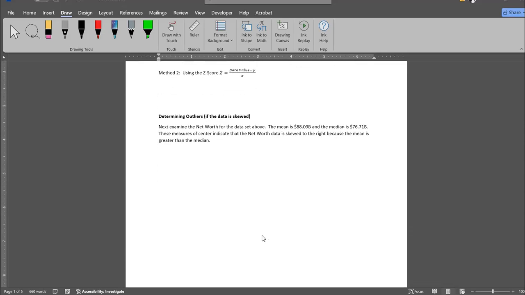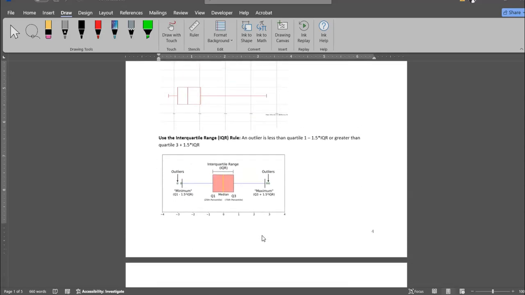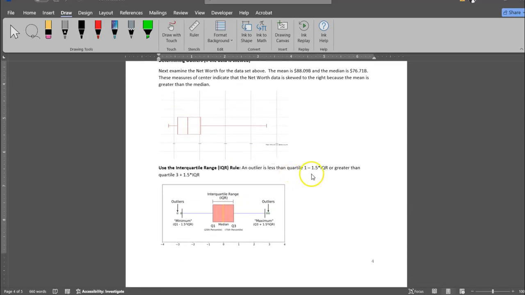And so now the difference here is this rule is taking the range of the quartiles, so from our first quartile to our third quartile, so that's the range. So again, a range is the maximum minus minimum. So this time we're going to take quartile 3 minus quartile 1. And to determine if it's an outlier, we're going to do 1.5 times that range value.